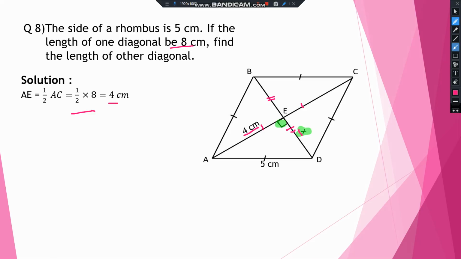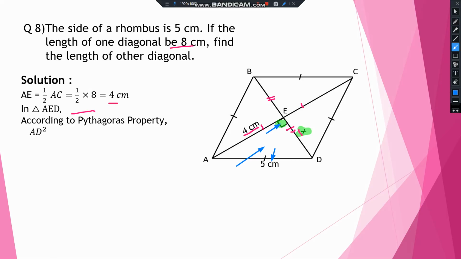Now since this is a right angle triangle, AED, we can apply Pythagoras property to it. So in triangle AED, according to Pythagoras property, this angle is 90, so the side opposite to it will be considered the hypotenuse.